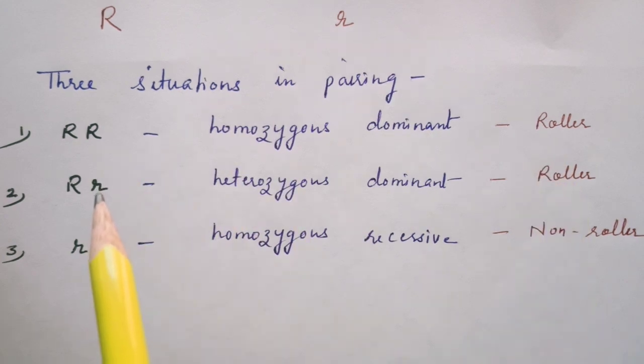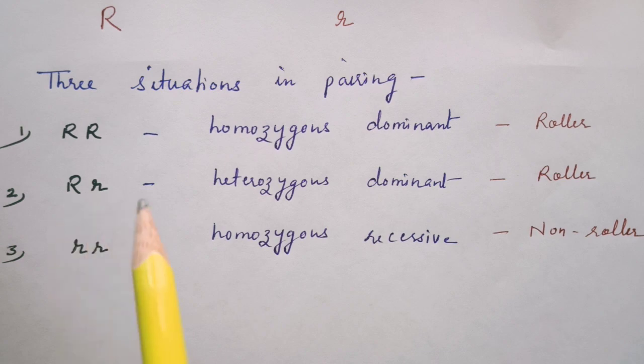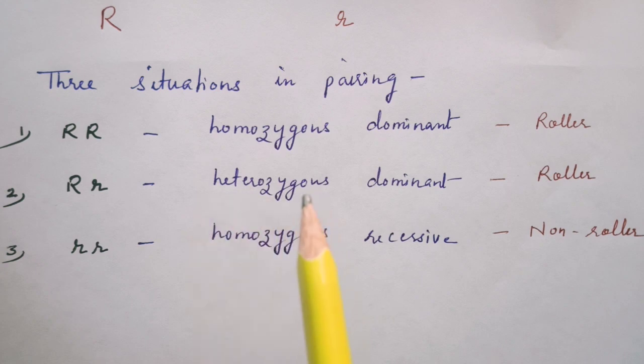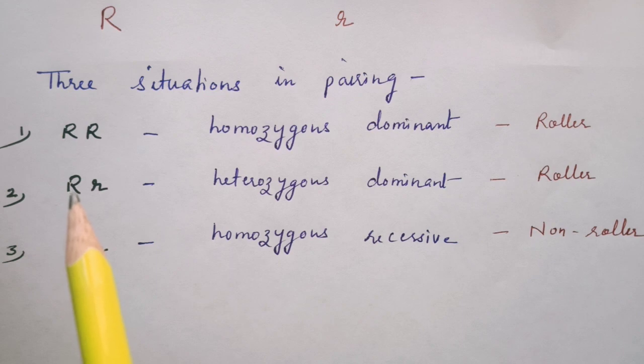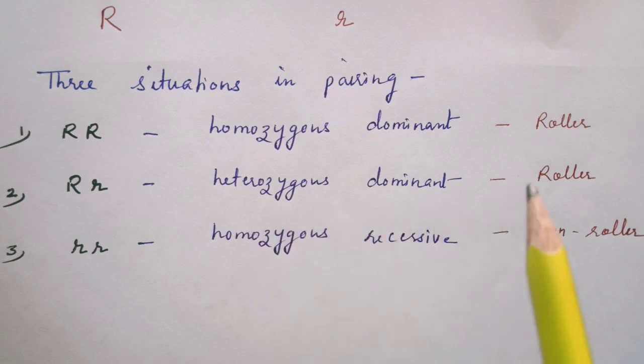Second situation, where one of the genes is dominant and the other one is recessive. This condition, where the dissimilar genes are present, is known as heterozygous. And because one of the genes is dominating, which will not allow the recessive gene to express itself, it is known as heterozygous dominant, and the person can roll his tongue.